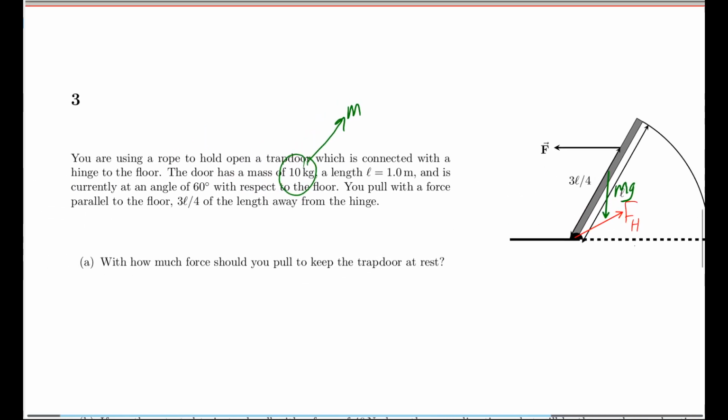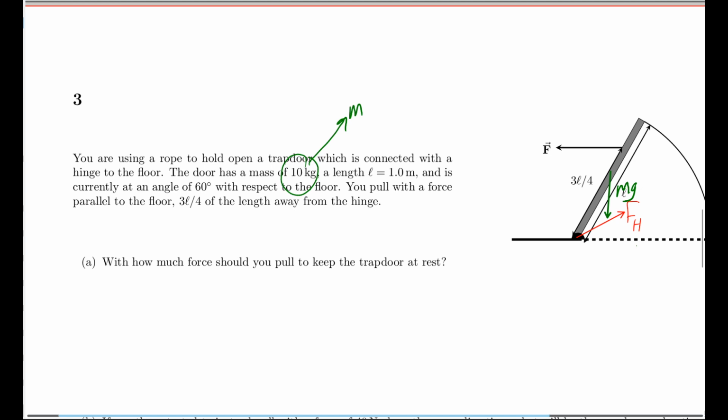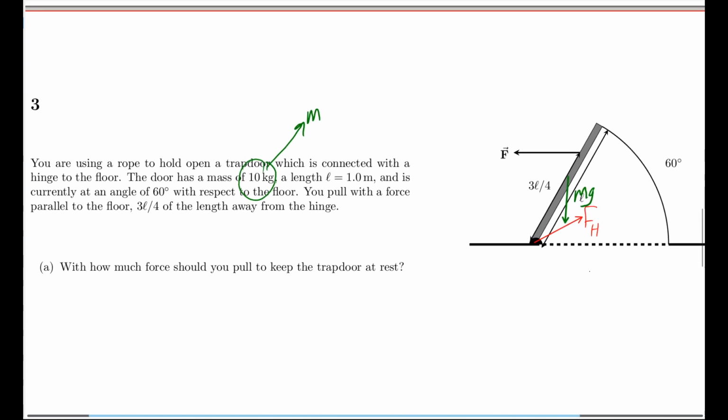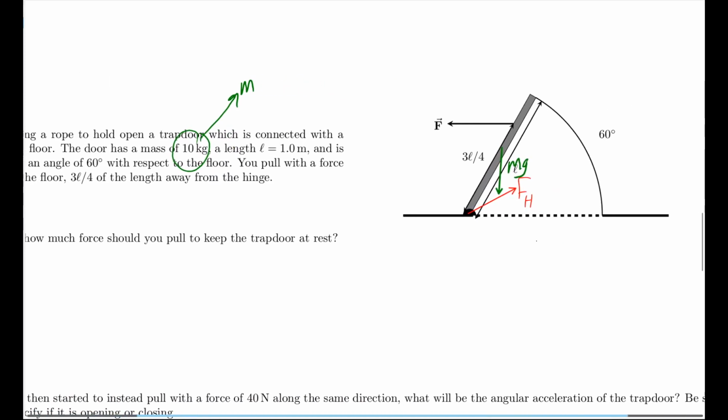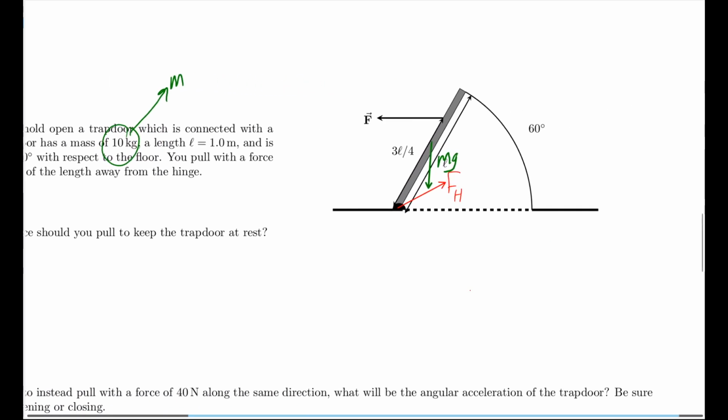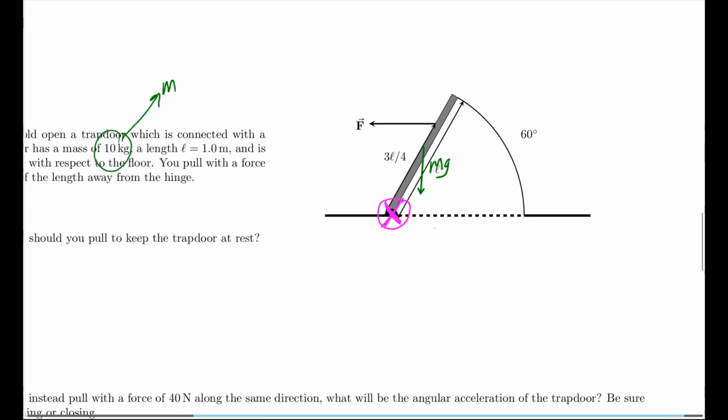And the tension here, we are just pulling it with a force F. That's already labeled for us. We need to do a little bit of trigonometry. We'll just go ahead and label some angles. Let's get this force of the hinge out of the way. I know I'm going to choose my pivot at this location, so I don't need to think about it.